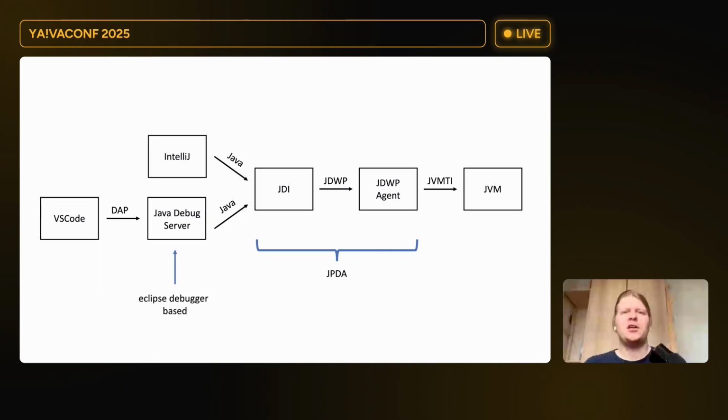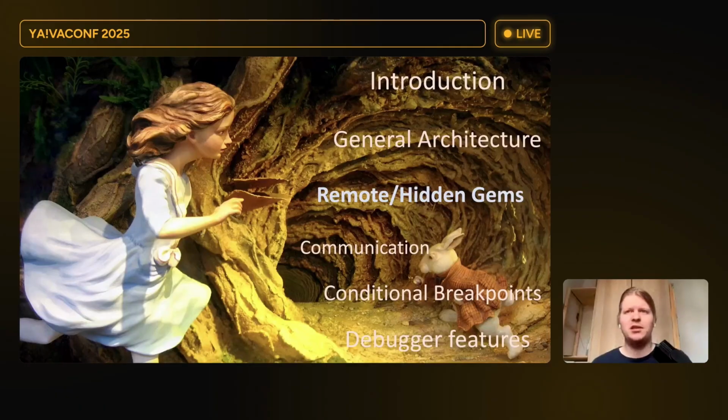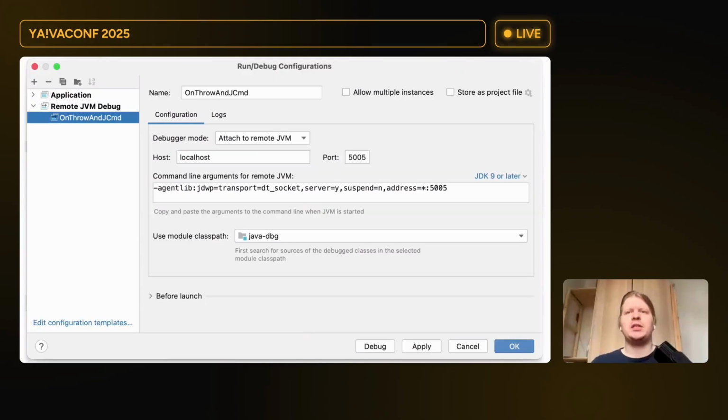And the fun thing is, that's based on the Eclipse debugger. So everyone who's using VS Code, when they debug Java, is essentially using Eclipse, which is kind of funny. Because I think VS Code people are like, oh no, Eclipse is so old, and they're using Eclipse under the hood. But now on to some hidden gems.